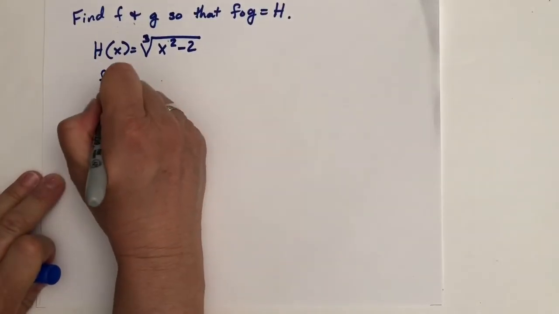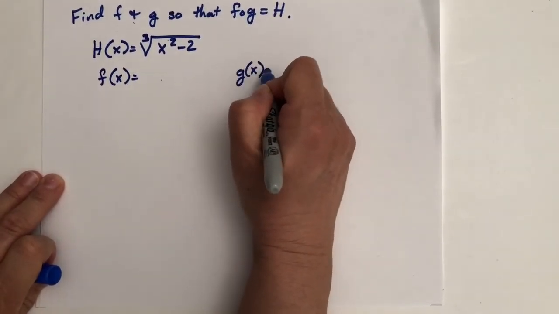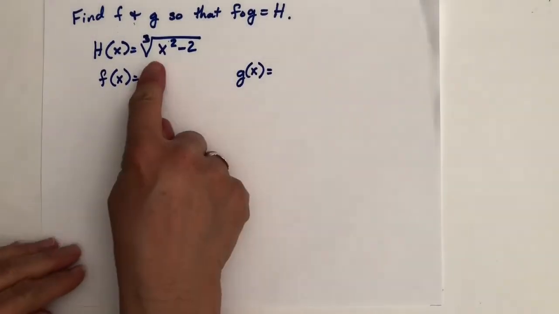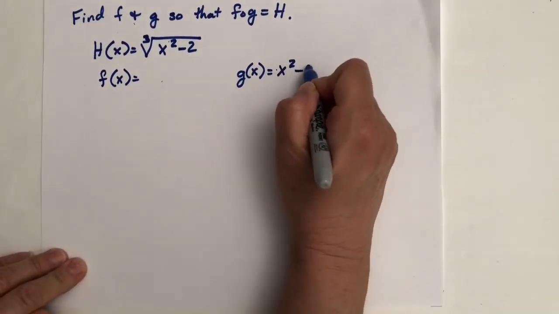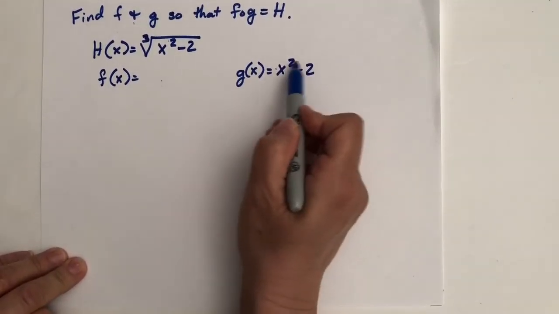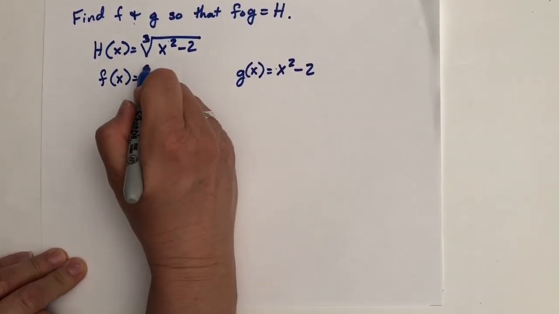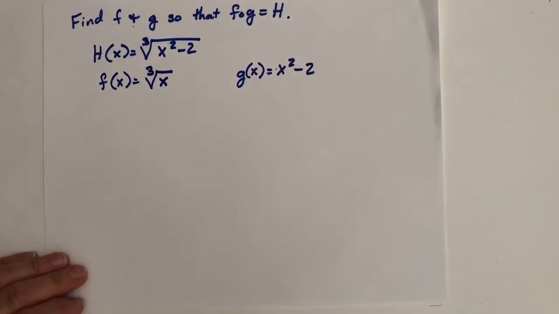So I'm going to write my f of x here and my g of x here. And you could pause the video and think about it. Do you see what might work? As our inner function, that x squared minus 2. But what did that x squared minus 2 get substituted into? That cube root function.